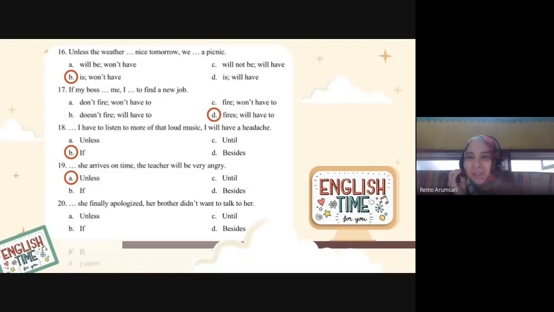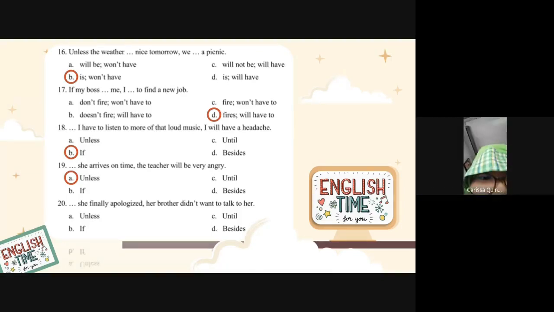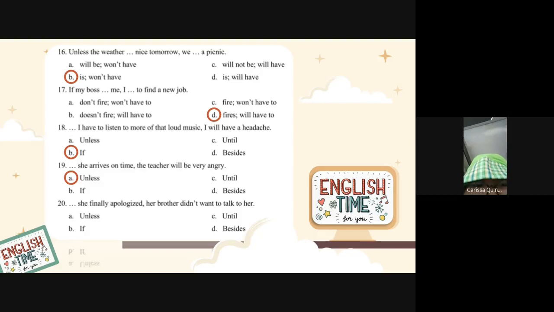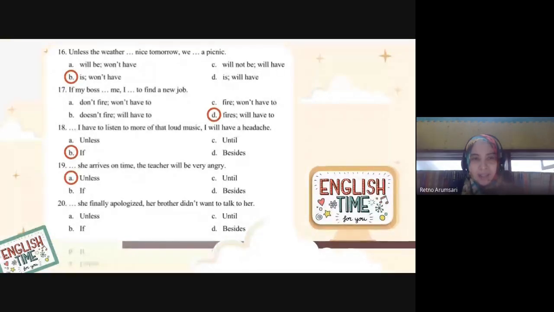Quinza, say the sentence, please. Okay. Unless she finally apologized, her brother didn't want to talk to her. Has she apologized yet? Yes.